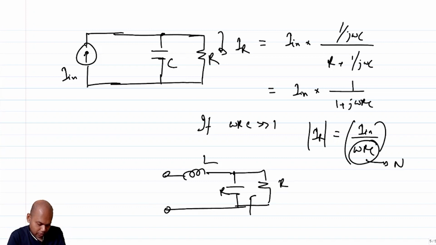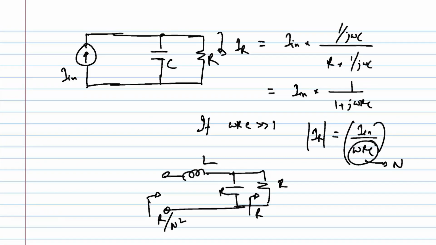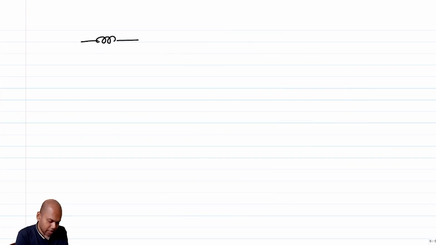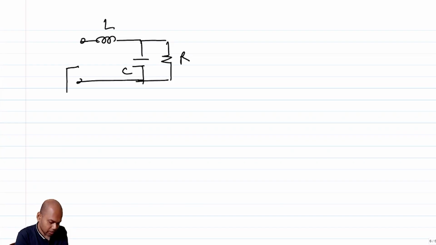Since this is R, this will be R by N squared, where N is omega RC. If you are paying attention, you should readily understand this. So this is an RLC reciprocal circuit. Now if this is R, this is L, this is C, looking from this port I get R by N squared.